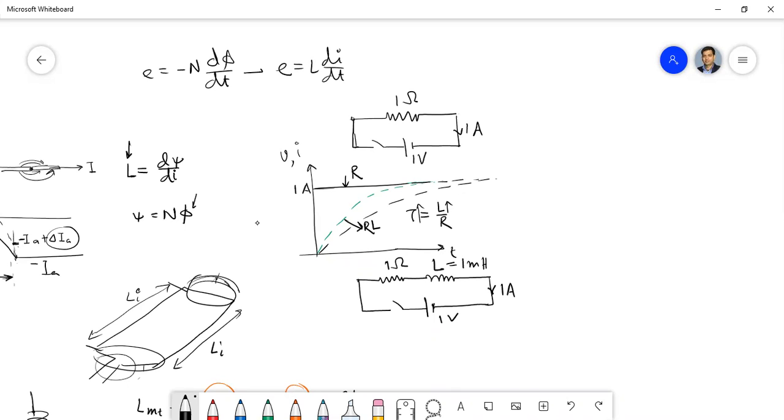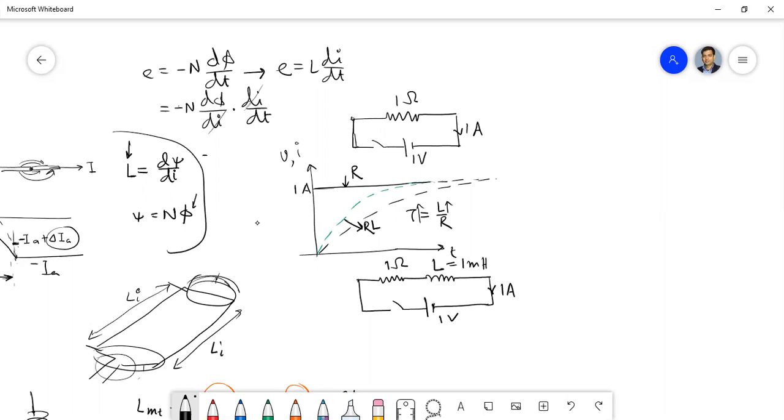But from this expression, how we are getting this expression? So minus L dφ/di, okay, into di/dt, we can write. Then this di will cancel out. It will be minus N dφ/dt only.